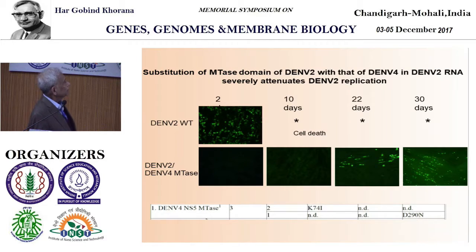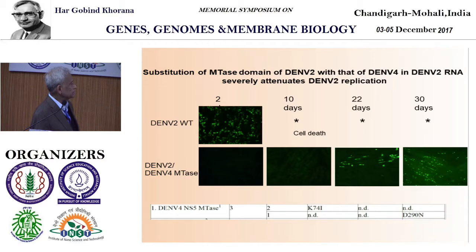And when we did that, we found that the chimeric NS5 replicates very slowly. In 10 days, you don't see any positive replication. At 22 days, you start seeing some replication, and at 30 days, you see more. We repeated this experiment 3 times.